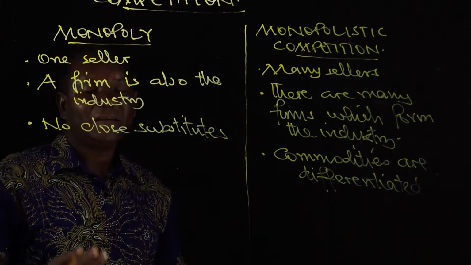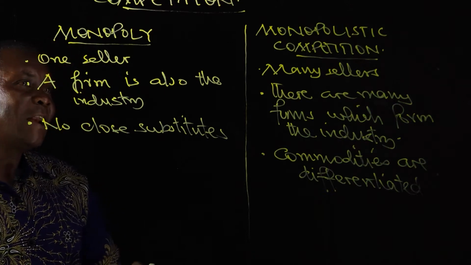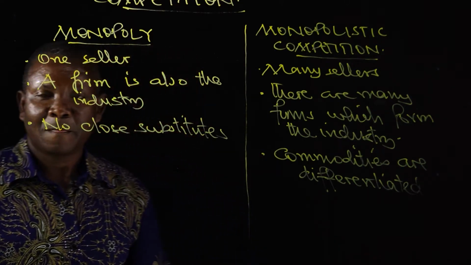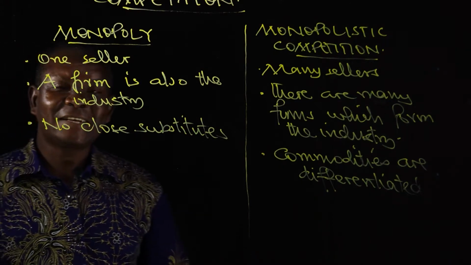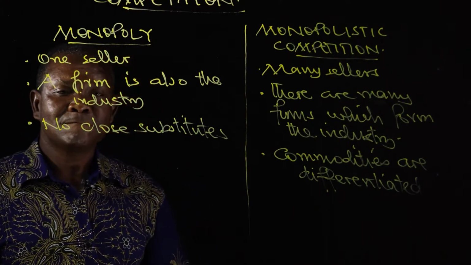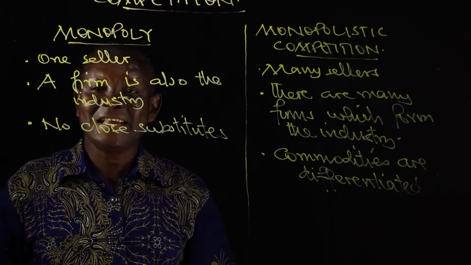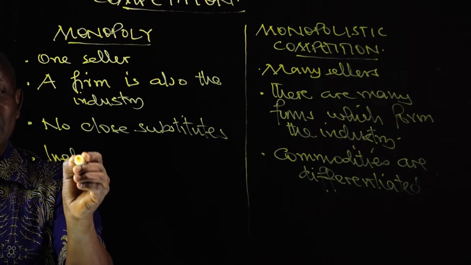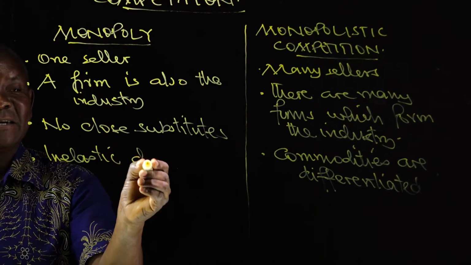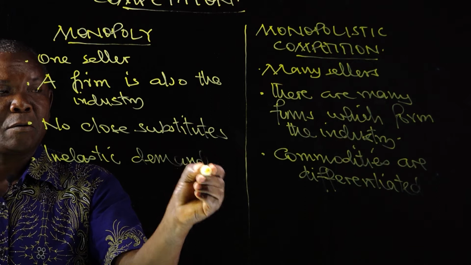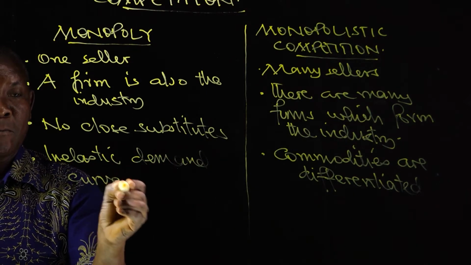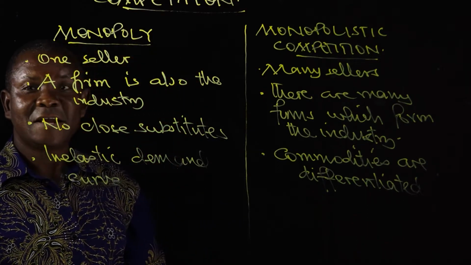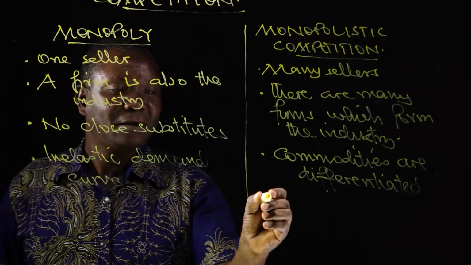Another one is that under monopoly, the demand curve is inelastic. So we have an inelastic demand curve, while under monopolistic competition, the demand curve is elastic.